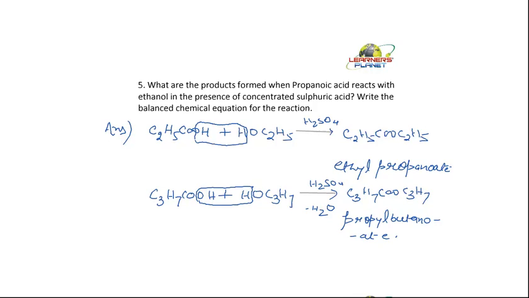Let's take up our next question. I hope you are enjoying these questions. Give one test for the detection of alcohols. I told you that alcohols react with sodium metal and they give what?